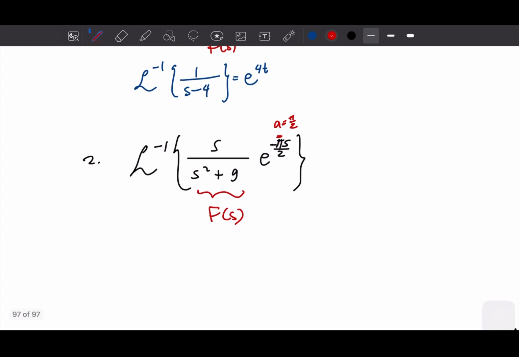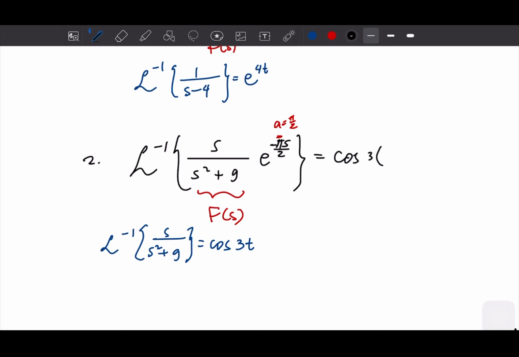We start by taking just s over s squared plus 9, which is a cosine, right? 9 is 3 squared, so cos 3t. And then the final result is cosine 3, and then exchange t.